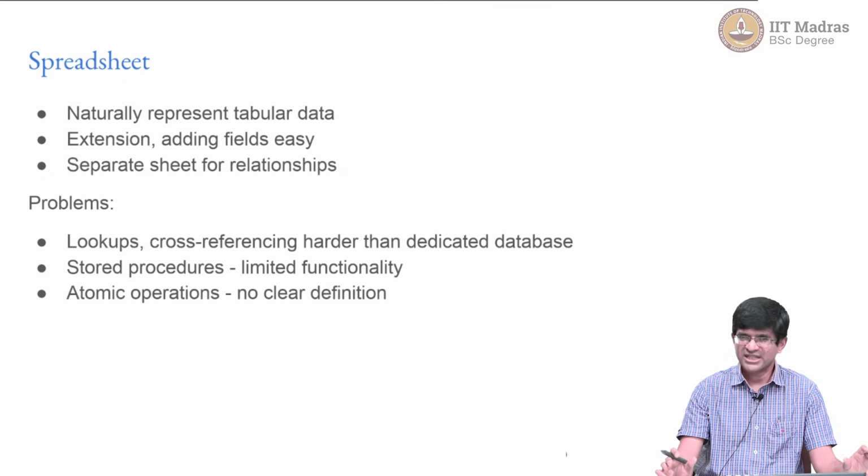Spreadsheets don't really have any checks and balances for that. It's very difficult to code them in. You can do it using various kinds of spreadsheet scripting languages and so on, but if you actually try that, you will probably end up with a database of your own, right? So why reinvent the wheel? You're probably better off actually using something that's specialized for this purpose.